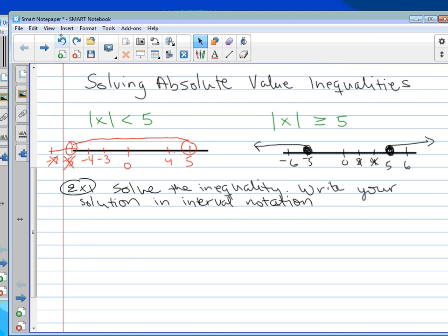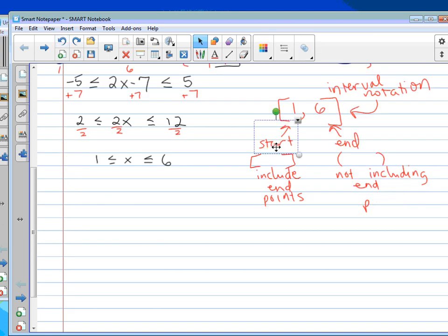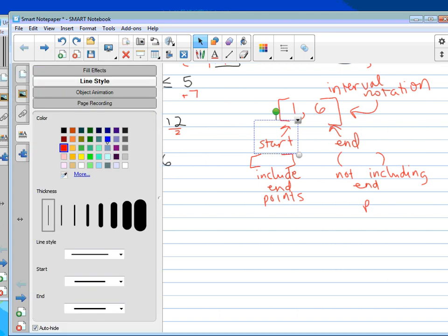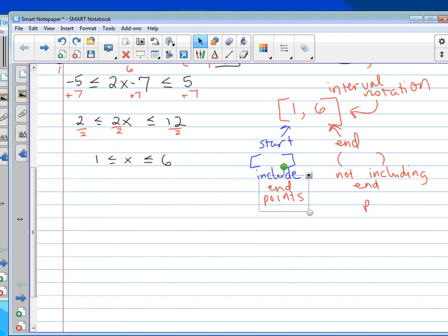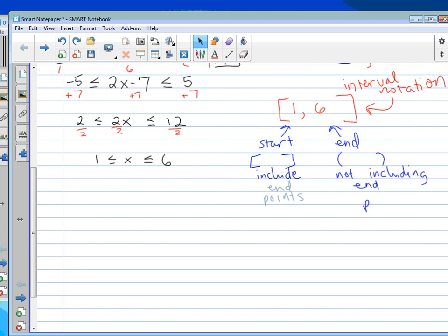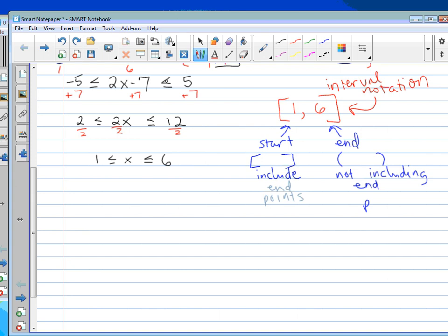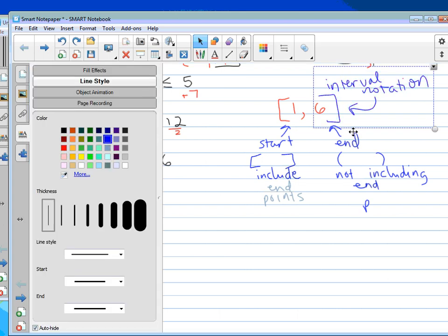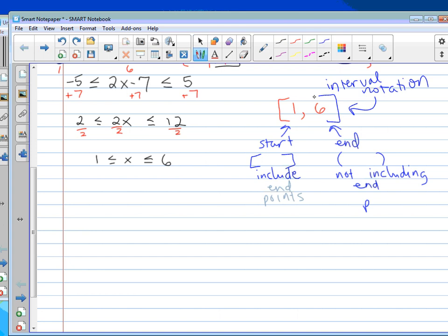And I usually like to put all my vocabulary stuff in blue. You need a little closed circle, right?